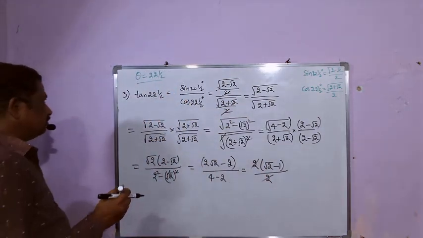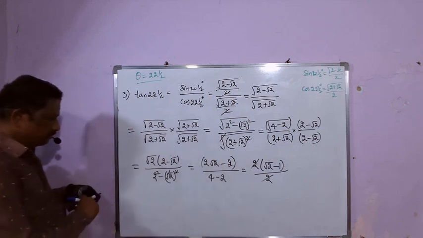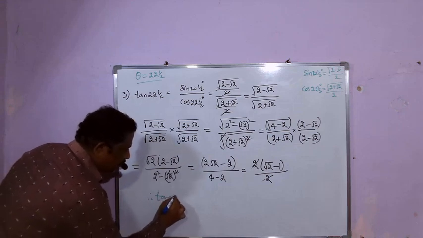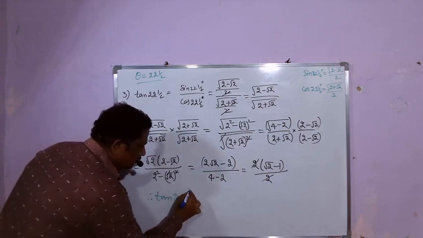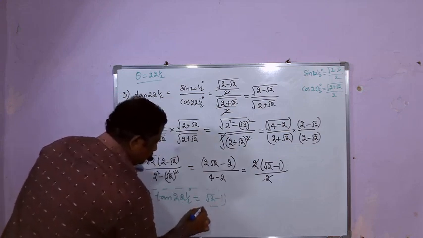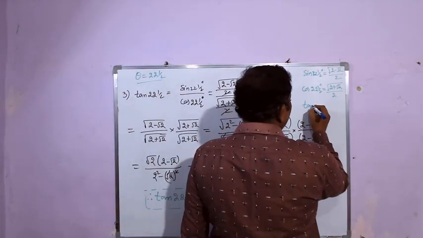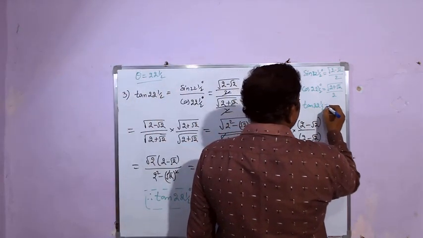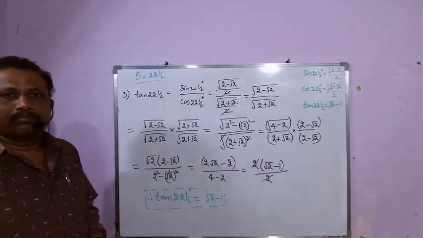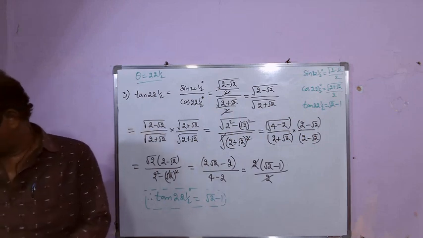Root 2 minus 1. Tan 22.5 degrees is root 2 minus 1. Therefore the result: tan 22.5 degrees is equal to root 2 minus 1. Okay? Clear? Note it, copy it.